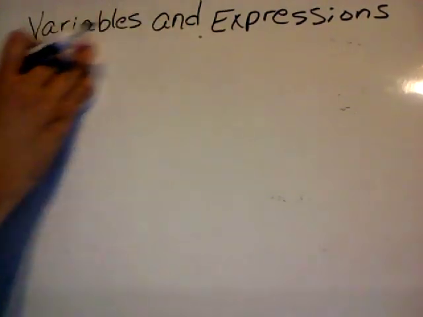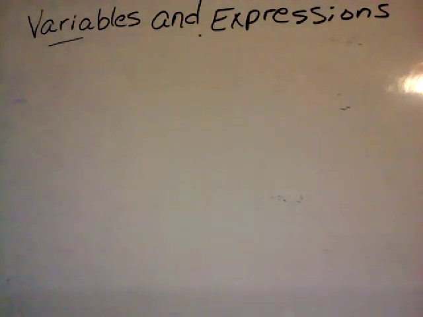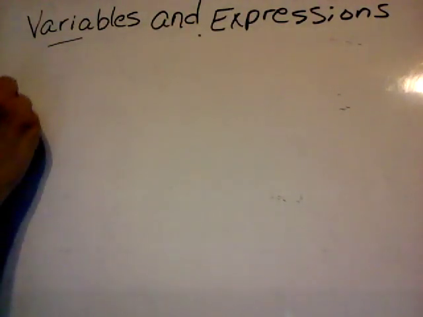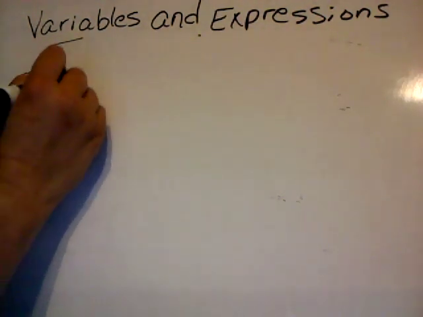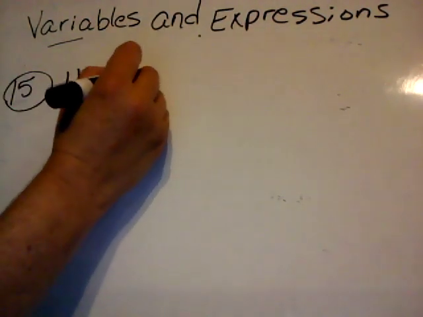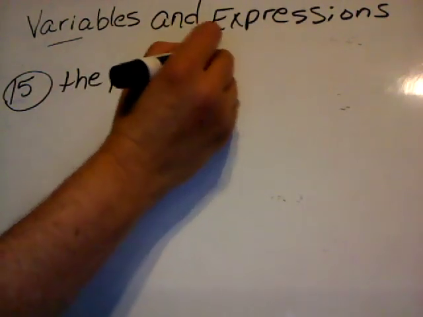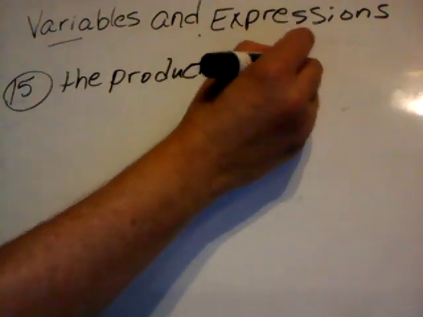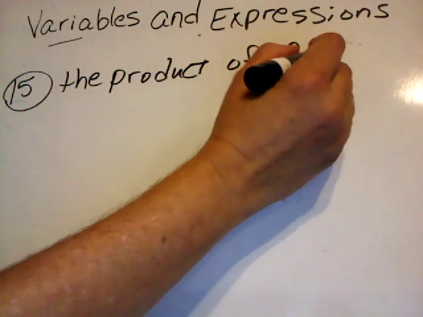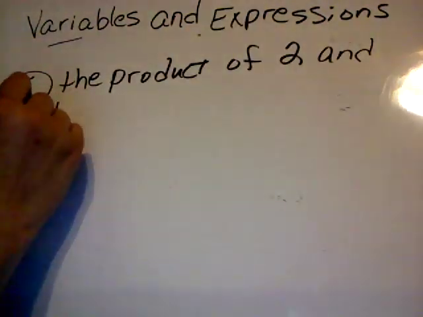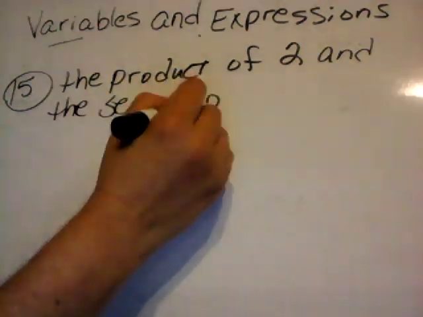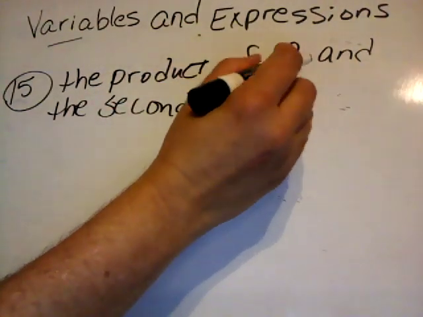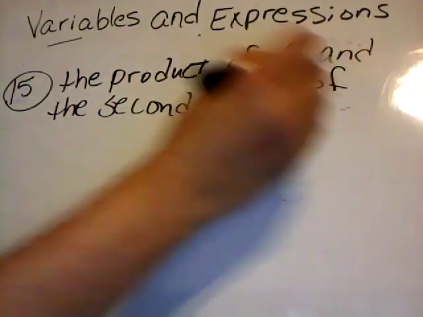And let's take a minute and let's look at number 15. And number 15 says the product, now that's multiplying, of 2 and the second power of y.